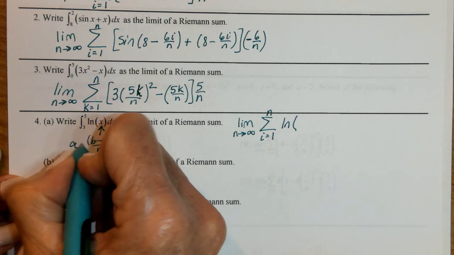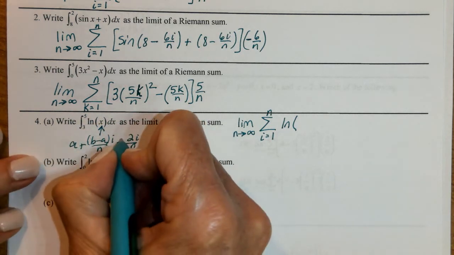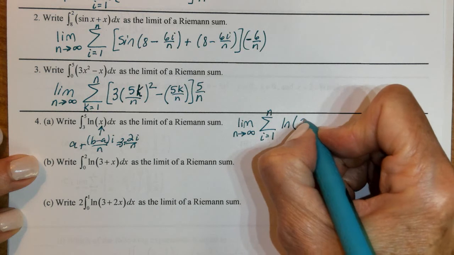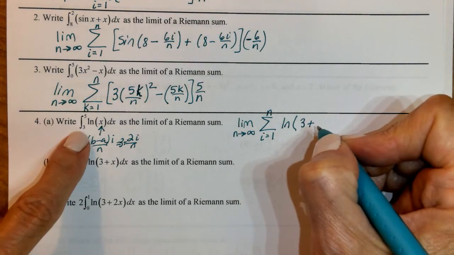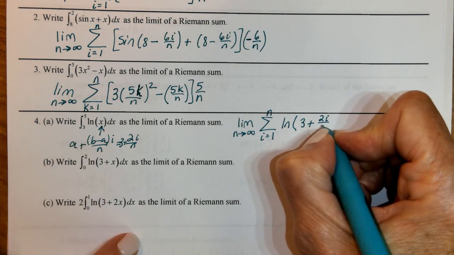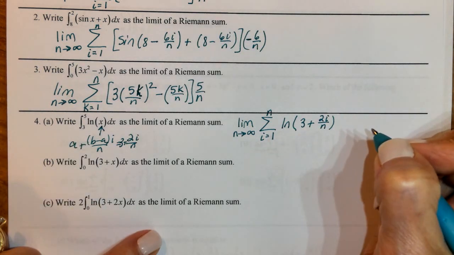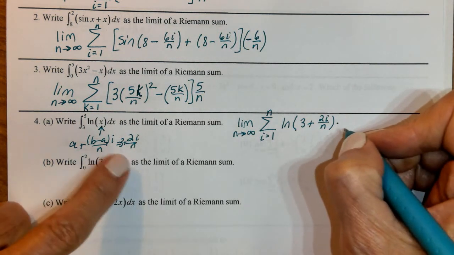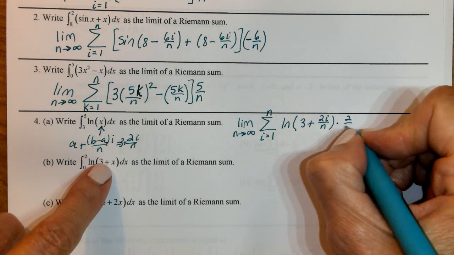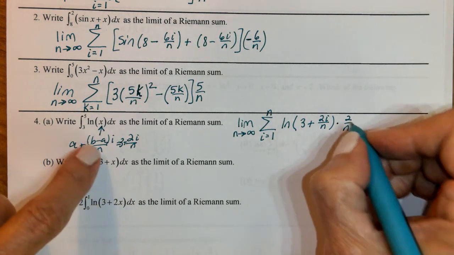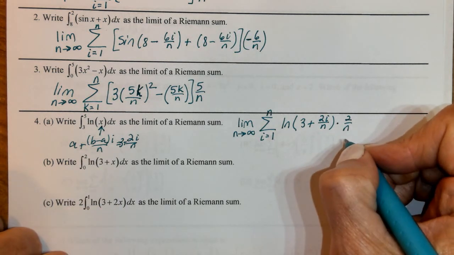A plus that, so 3 plus that, okay? So in place of x, I'm going to write 3 plus a plus b minus a, i over n, times just the 2 over n, no i, just the change in x, delta x, which is b minus a over n.